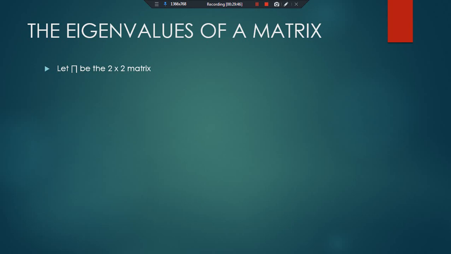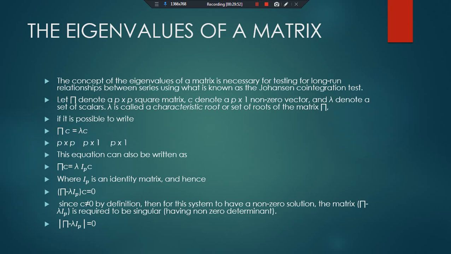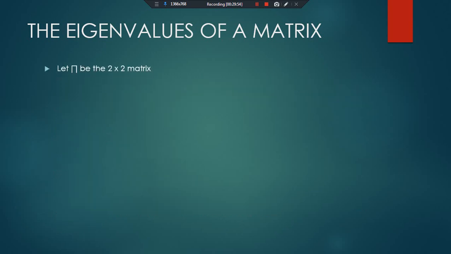Okay, let pi be a 2 cross 2 matrix. Let's see its practical example next. Here we have pi, a matrix with 2 rows and 2 columns, pi is equal to 5 1 2 4. Then the characteristic equation is the determinant of pi minus lambda I_P.